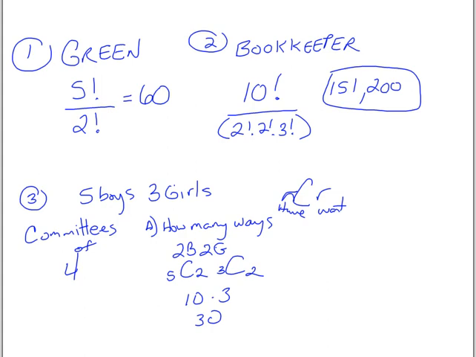Now, what if we change this to a probability question? So what do we have? We have 5 boys, 3 girls. Okay, so let's change this to probability. Now remember, I want groups of 4.